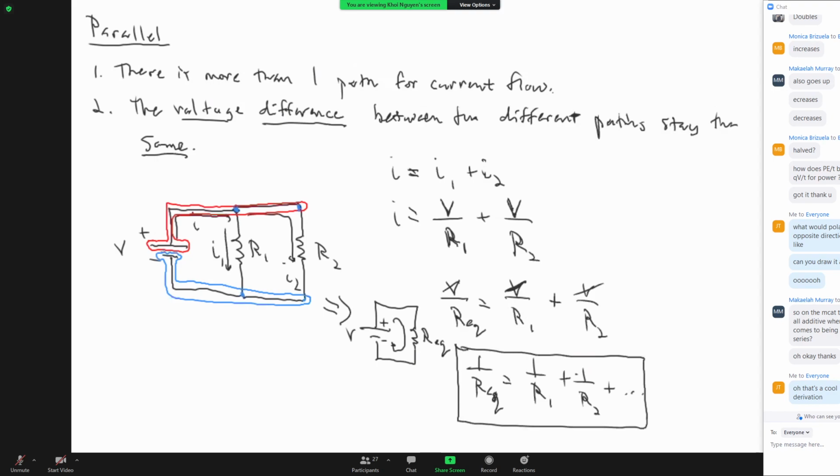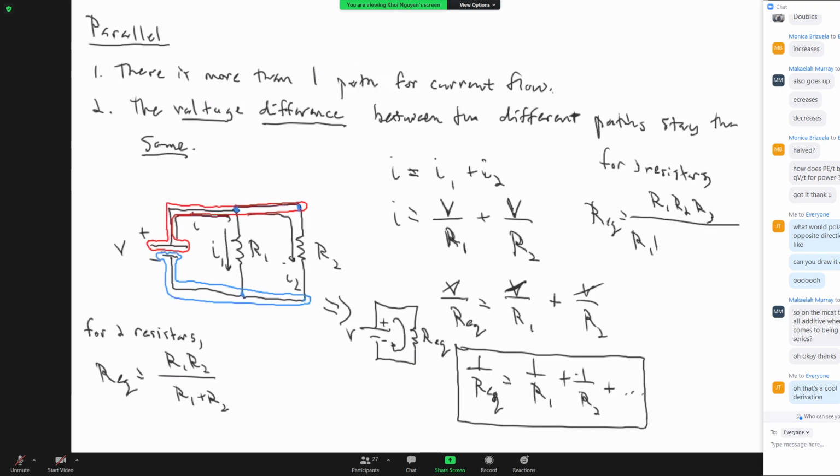Okay. If we want, we can rewrite it for two resistors. Req is equal to R1 R2 all over R1 plus R2. For three resistors, we can rewrite it as Req is equal to R1 R2 R3 all over R1 R2 plus R2 R3 plus R1 R3.